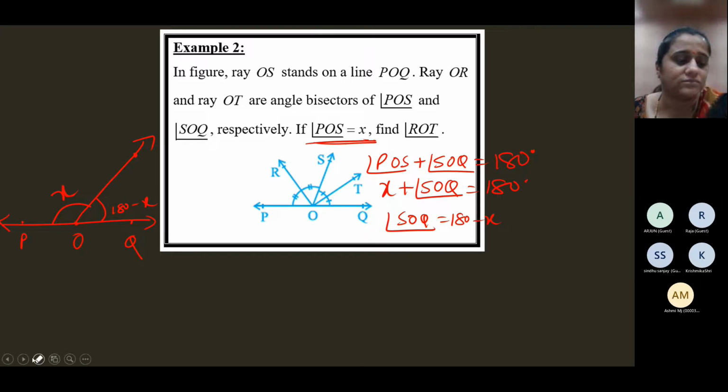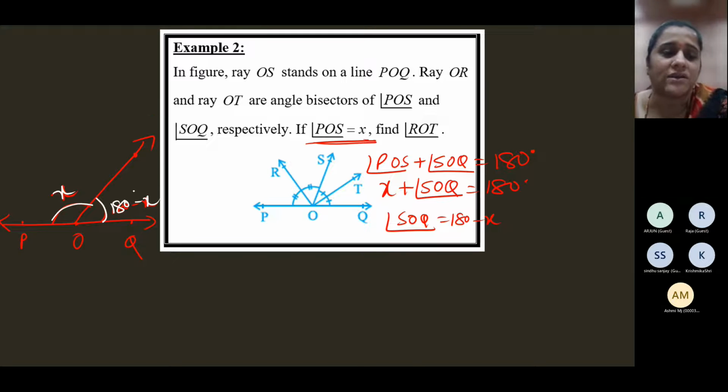Yes or no, children? Yes, ma'am. So if this angle is X, this angle will be 180 minus X. Now, it's given that OR is the bisector of POS.